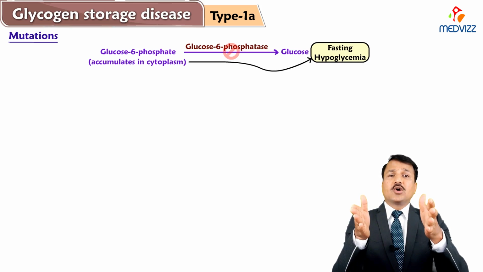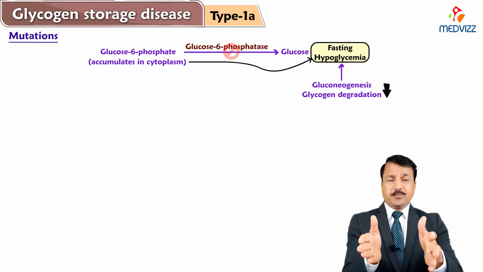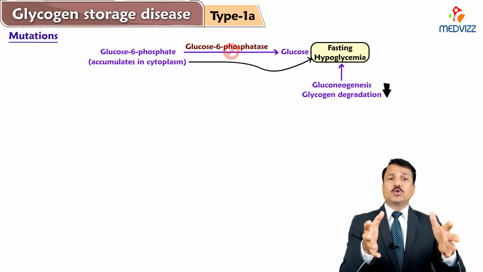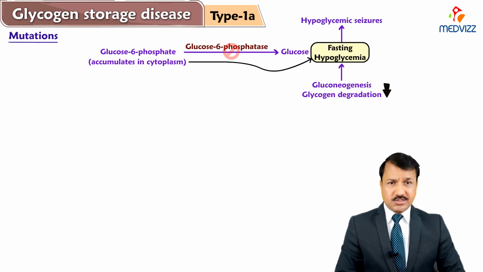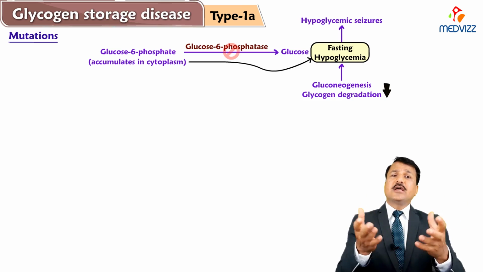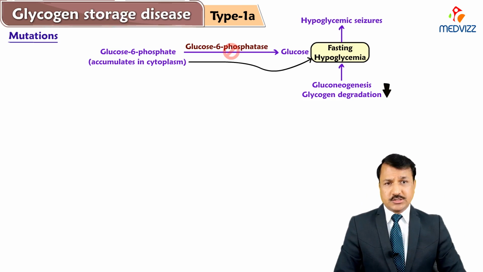So gluconeogenesis is down, glycogen degradation is down, fasting hypoglycemia is seen, and this gives rise to hypoglycemic seizures or hypoglycemic convulsions. That's one of the signs you see in von Gierke disease. Now let's see what happens to that elevated, accumulated glucose 6-phosphate.